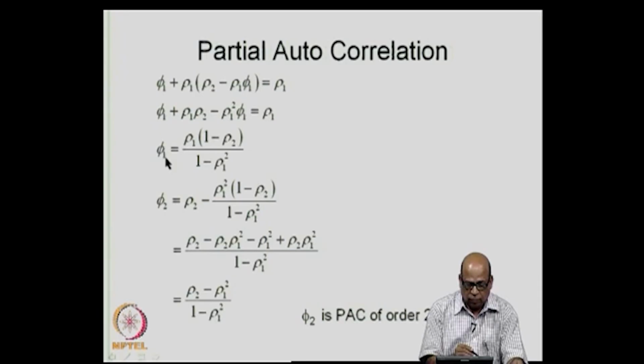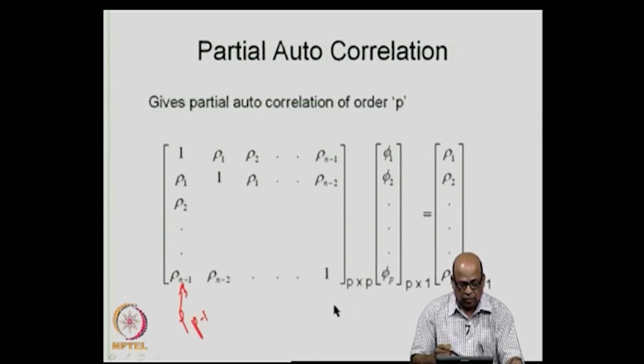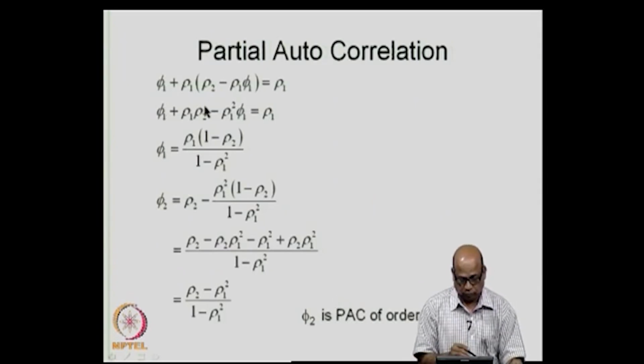I am sorry, let me explain this correctly. For phi 2 you have rho 1 phi 1 plus phi 2 is equal to rho 2, so phi 2 you will substitute as rho 2 minus rho 1 phi 1, and this you write as equal to rho 1.